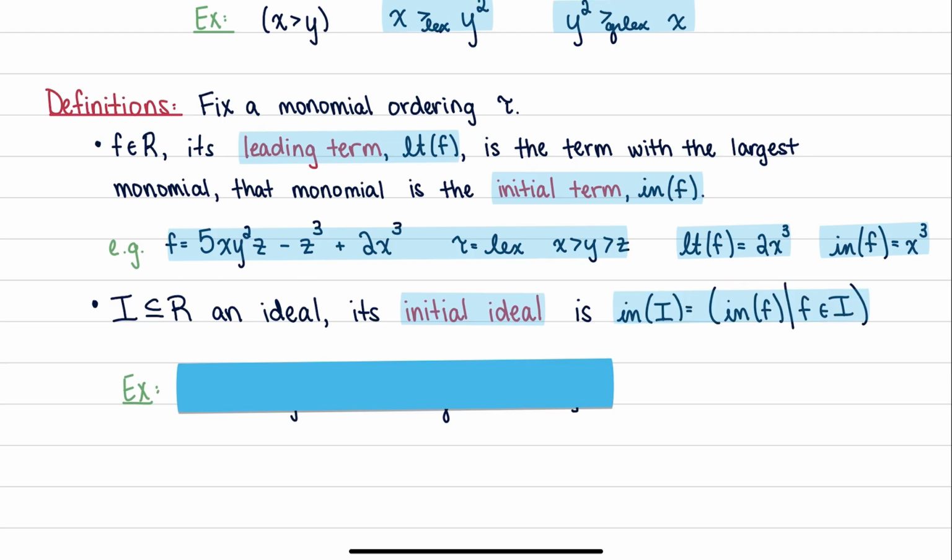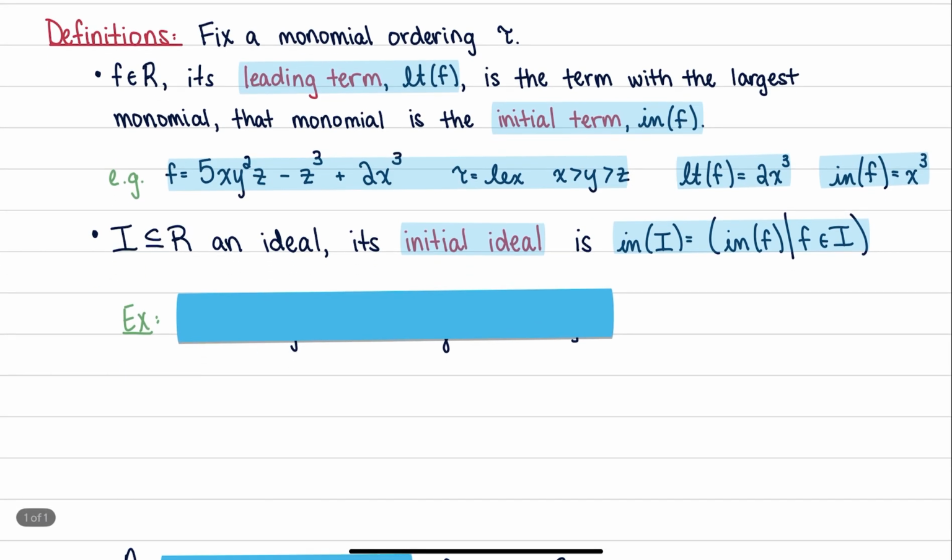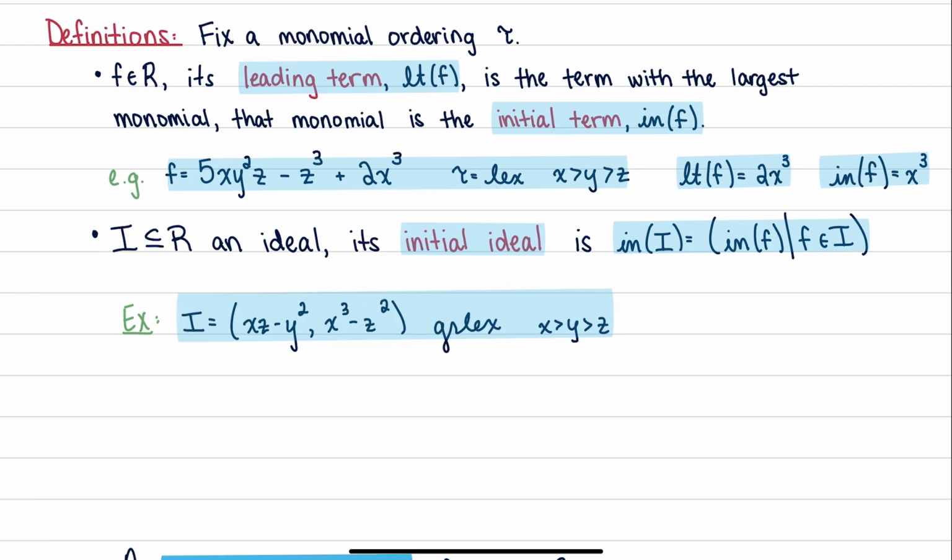And this is the ideal that is generated by the initial terms of all of the elements of I. And so you may say to yourself, well, can I just take a generating set for I and then take the initial terms of those generators? Will that generate this initial ideal? So let's look at an example to investigate this.